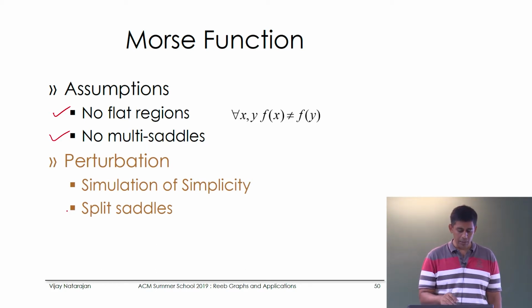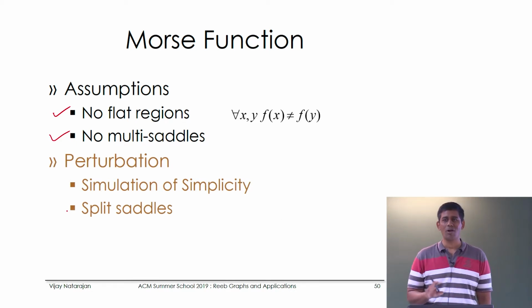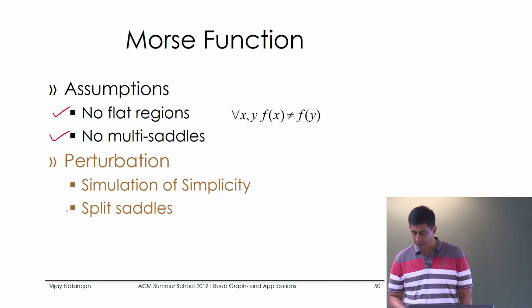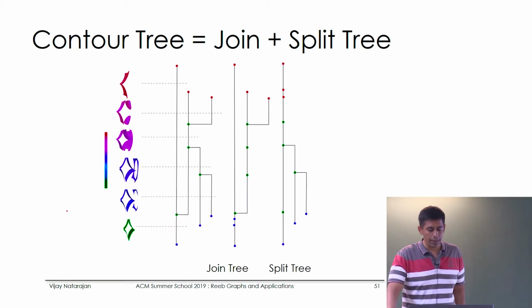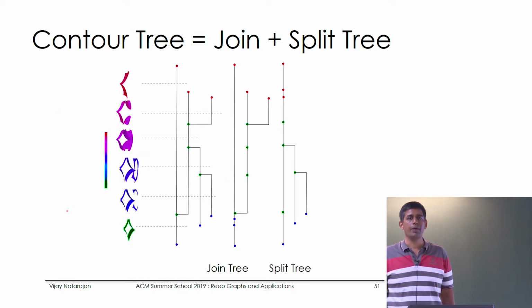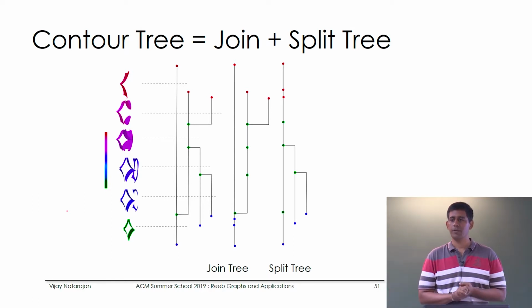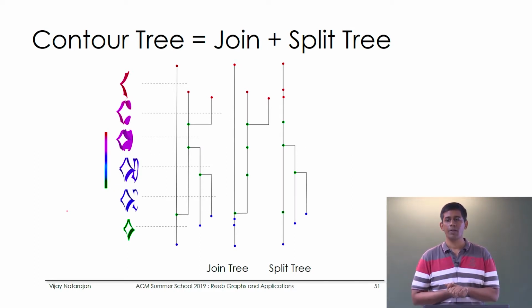So, again this is a little bit advanced, so I will not talk about that. But all I am saying is that our assumptions are not too strong. It is okay to make these assumptions. So, now about the algorithm. We want to construct a Reeb graph. First, let us talk about a contour tree because that is a building block for the algorithm to construct the Reeb graph.